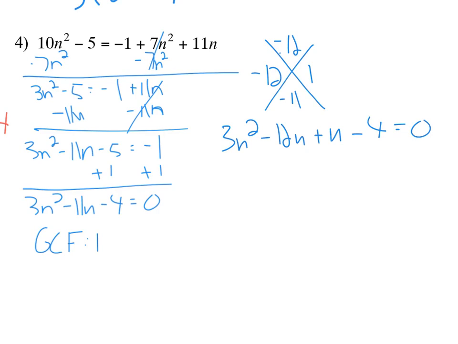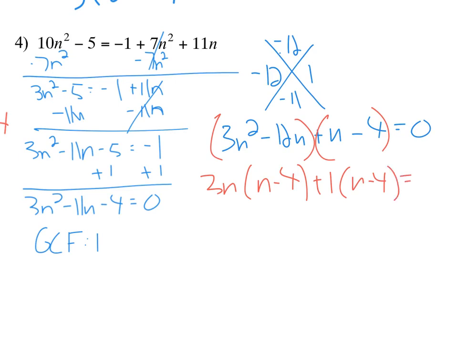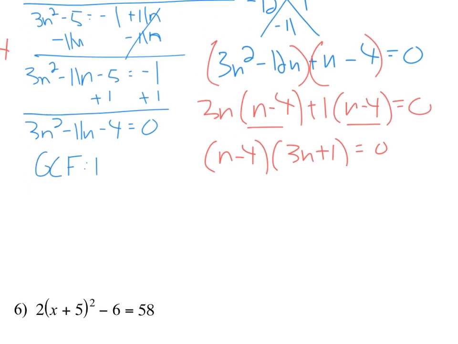So then we need to group. Factor out a 3n here, and that gives us n minus 4. Here we factor out a 1, and that gives us n minus 4. And that's equal to 0. We have the n minus 4s in common, so we get n minus 4 times 3n plus 1, and then set each of those equal to 0.